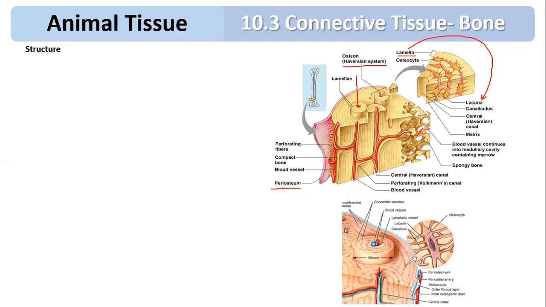Okay, so here you can see that lacuna. That lacuna contains cells. Those cells can be either osteoblasts or osteocytes. Okay, and at the same time, if you observe, the lacuna has cytoplasmic processes. These cytoplasmic processes are called canaliculi.